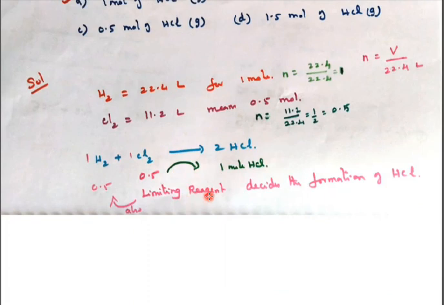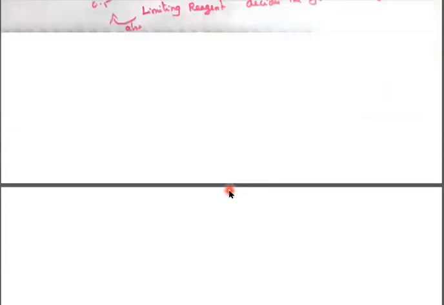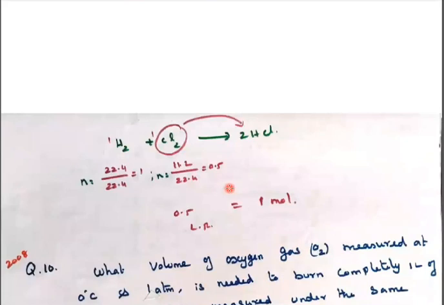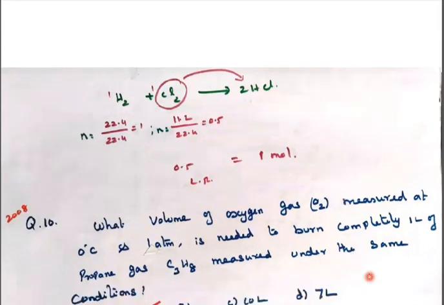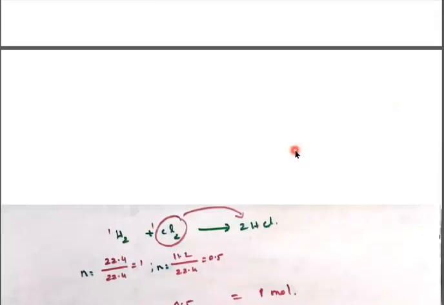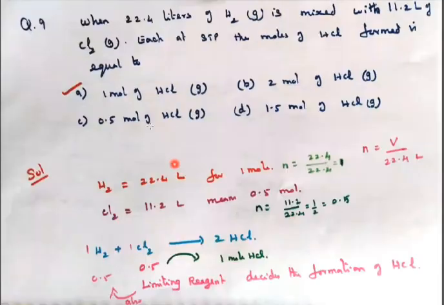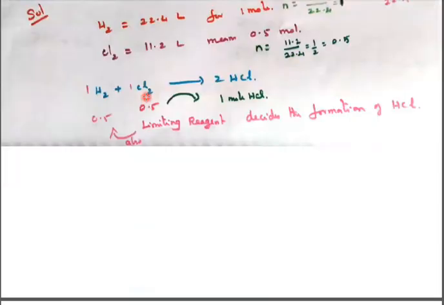The limiting agent only decides the formation of HCl. So 0.5 mole is the limiting agent. It decides the formation of 1 mole of HCl. 1 mole of HCl means 2 HCl. 0.5 mole of Cl2 means 1 mole of HCl. So the answer would be 1 mole of HCl.